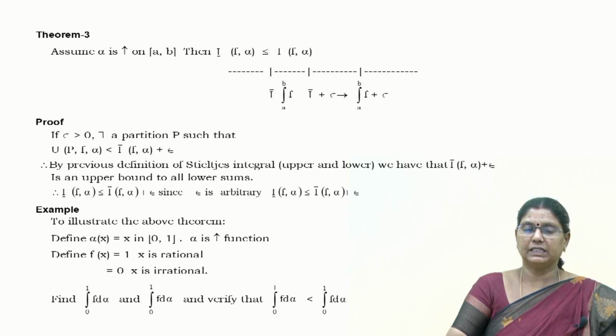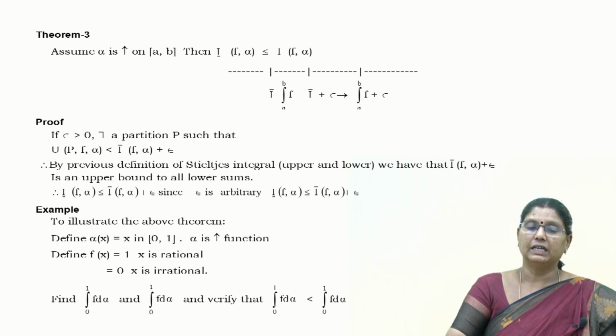By the definition, for any epsilon greater than 0 there exists a partition P such that U(P, f, alpha) is less than the upper integral of f, alpha plus epsilon. Also, by the previous definition of the Stieltjes integral for the upper and lower integrals, the upper integral of f, alpha plus epsilon is an upper bound to all the lower sums.